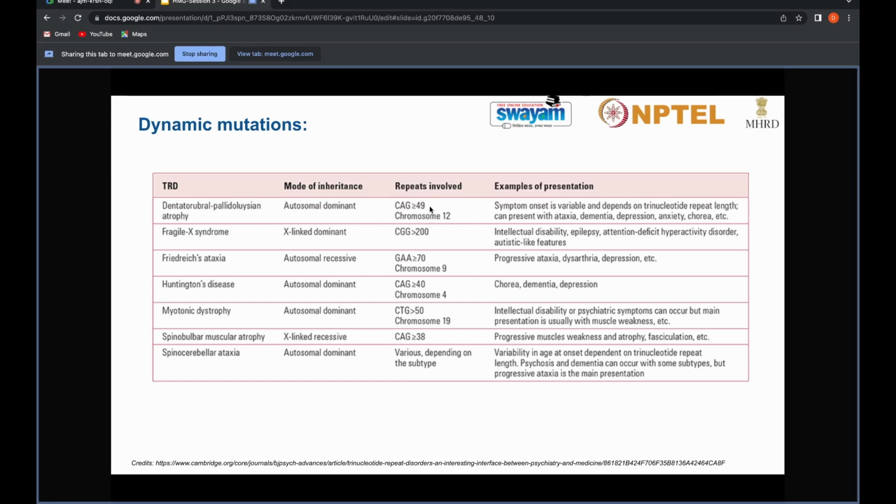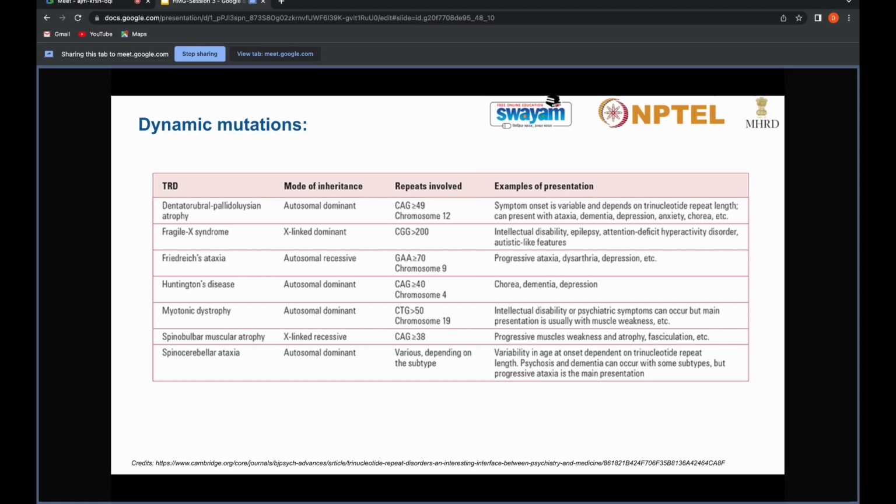and these are the chromosomes in which that particular sequence is present. And these are the examples. For example, the symptom onset is variable and depends on trinucleotide repeat length and can present with ataxia, dementia, depression, anxiety, chorea, etc. So most of these trinucleotide expansions or repeat expansion events cause diseases that somehow affect the neural system, or you can say they are related to the neurons, or they lead to some neurological disorder, or affect motor neurons.